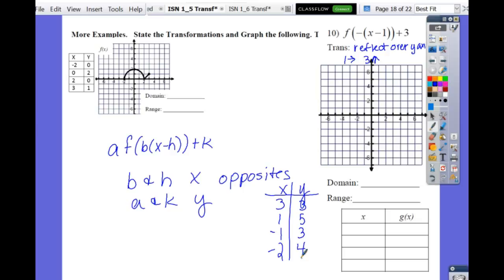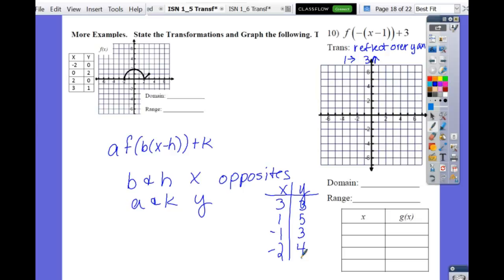So go ahead and plot these. Did it? Okay, so does everybody remember now?